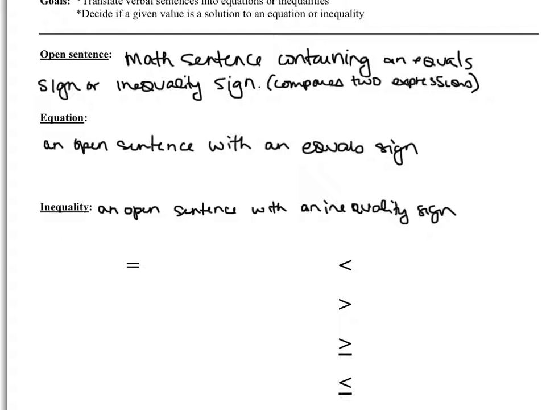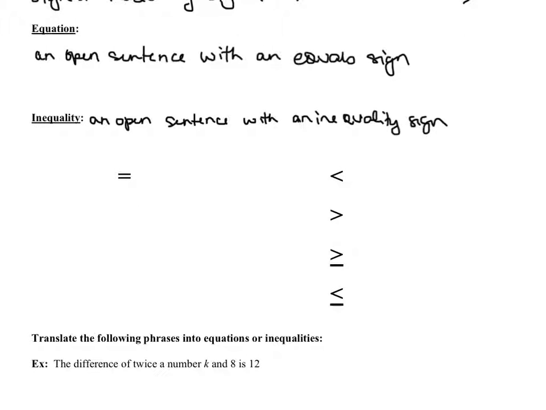And then just like expressions have keywords and phrases that indicate what operation you want to do, like sum meant to add and difference meant to subtract, similar here, there's certain keywords and phrases that mean to put one of these symbols. And the biggest indicator that you're going to have either an equation or an inequality, it works for both, is that you have the word is.